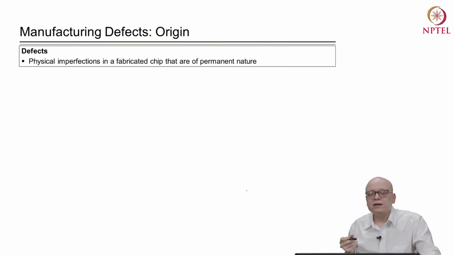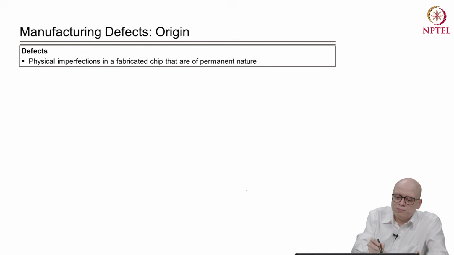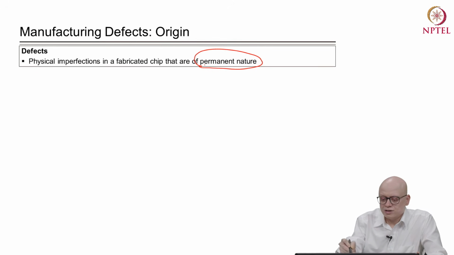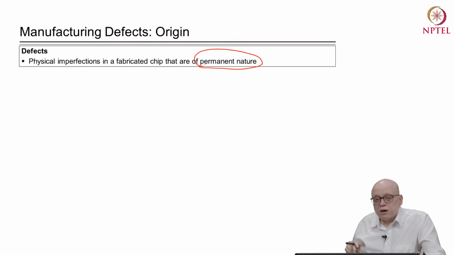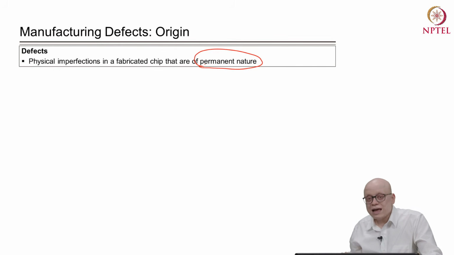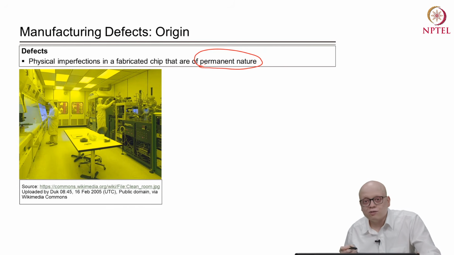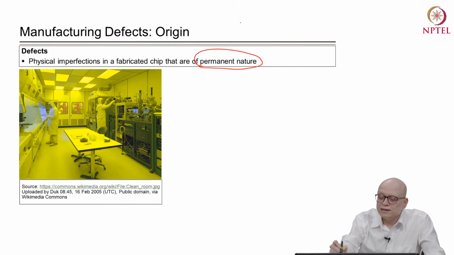So, what is a defect and how do these defects originate? So, defects are physical imperfections in a fabricated chip and they are of permanent nature, right. So, how are these defects introduced in the first place? We actually carry out this fabrication in a very sophisticated environment which is known as a clean room.